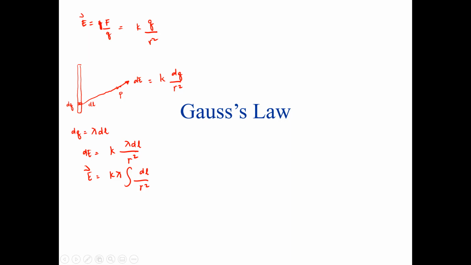if we want to know the electric field at a point, say at this point P, then what we do is take a small portion of this line charge and get its electric field. This small portion has a charge dq and a length dl.